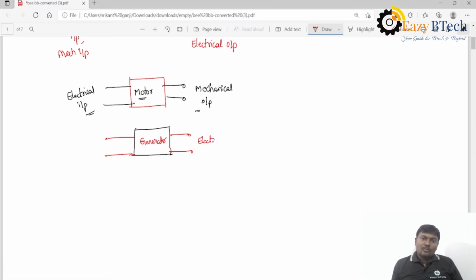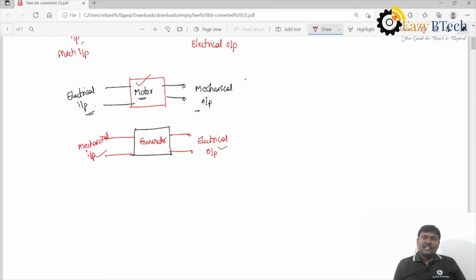That means the output is electrical output, and the input is fuel, that means mechanical input. A machine which converts electrical input to mechanical output is a motor. A machine which converts mechanical input to electrical output is a generator.